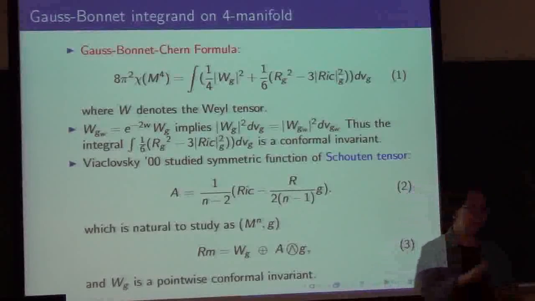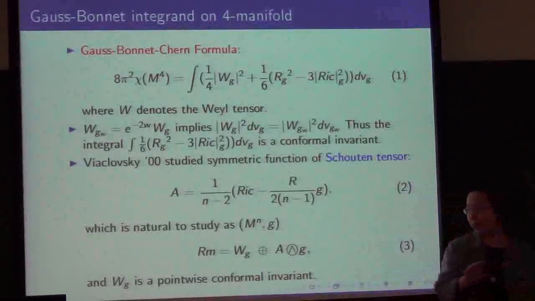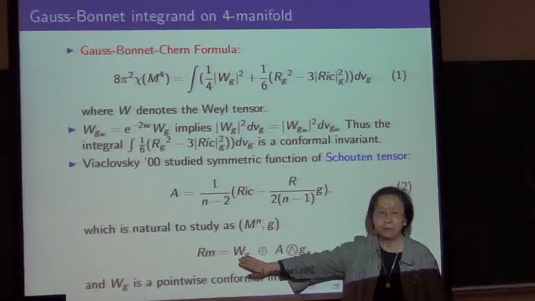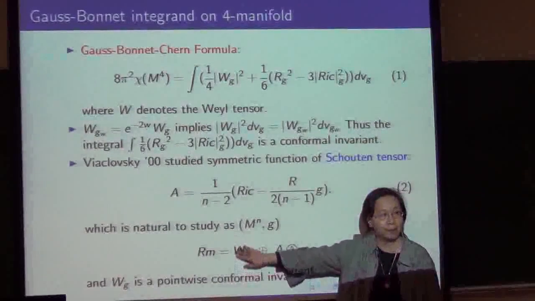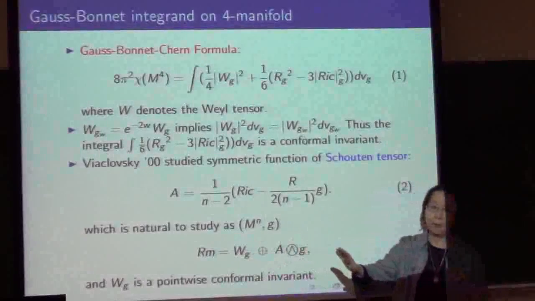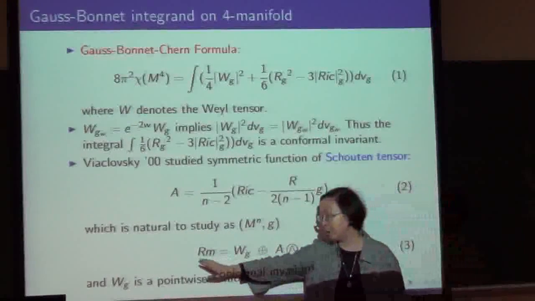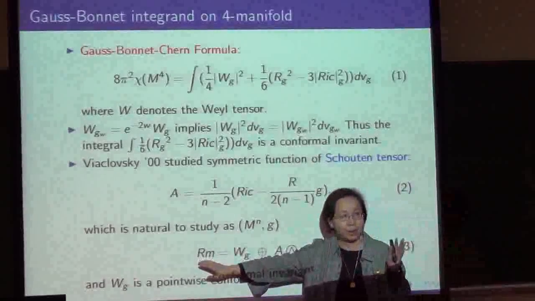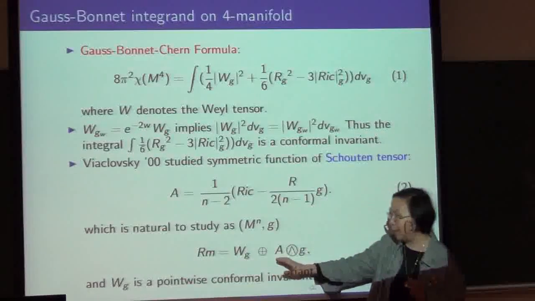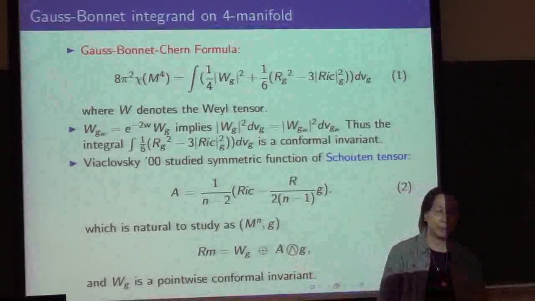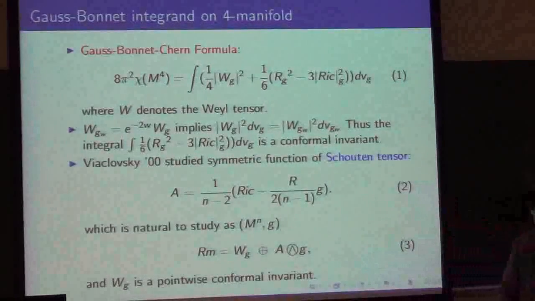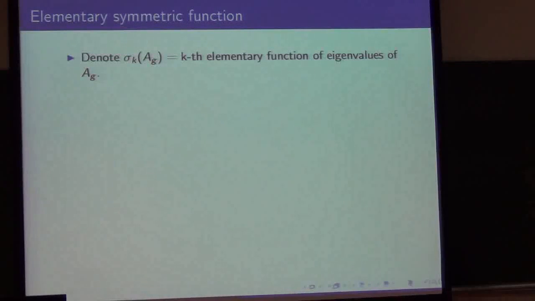From a conformal geometry point of view, the first term, the Weyl curvature, is a pointwise invariant. So all the information on how the curvature changes under conformal change of metric is contained in the Schouten tensor.